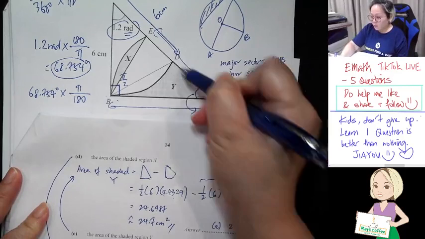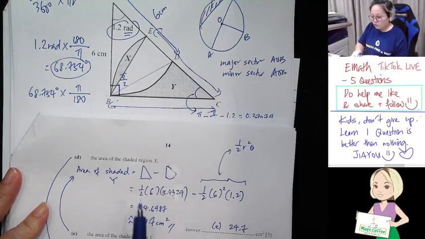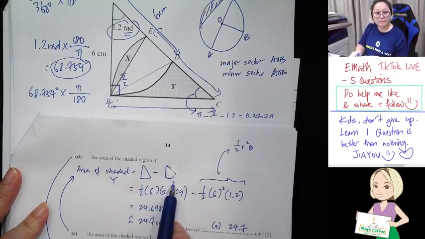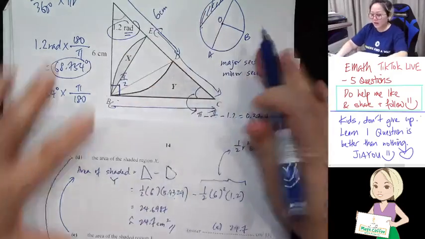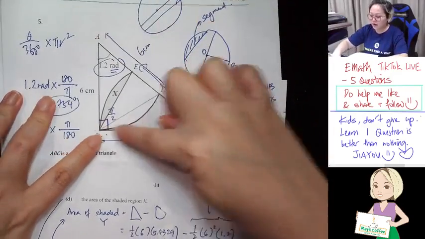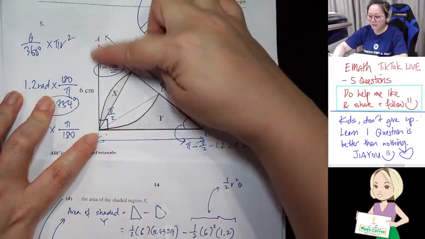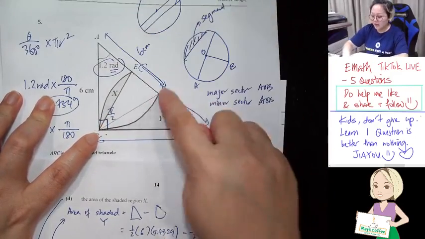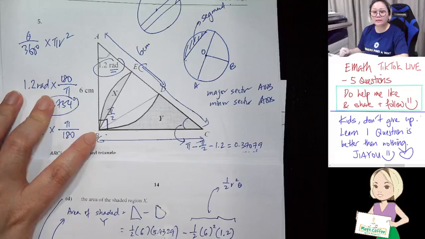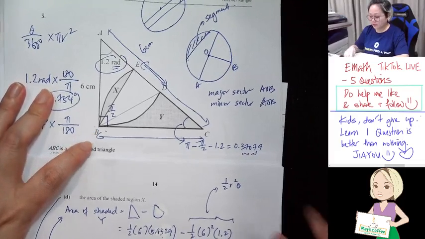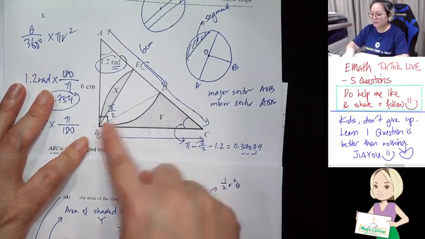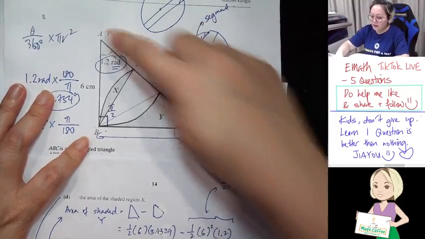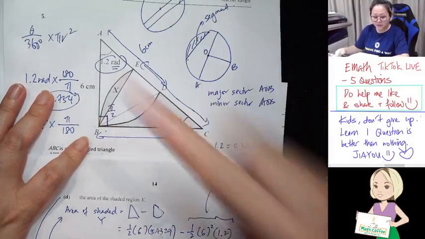For shaded Y, I put triangle minus sector. Big triangle minus away the sector, I get Y. I repeat, shaded Y is the big triangle minus the first sector.